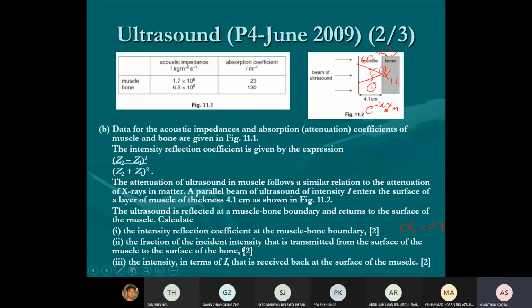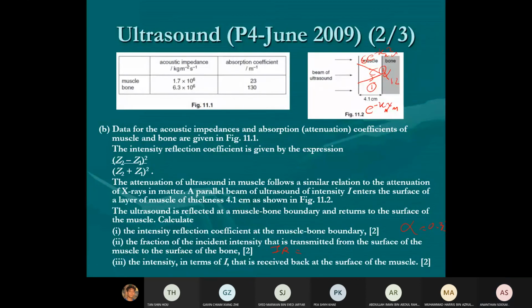Then second, the fraction of incident intensity that is transmitted from the surface of the muscle to the surface of the bone. Okay, second one, what are they asking? How much has been transmitted?